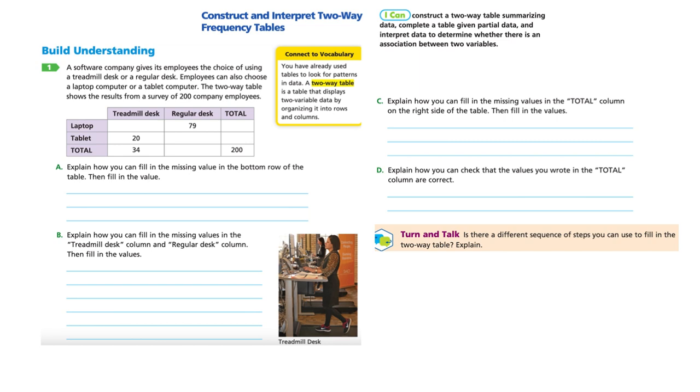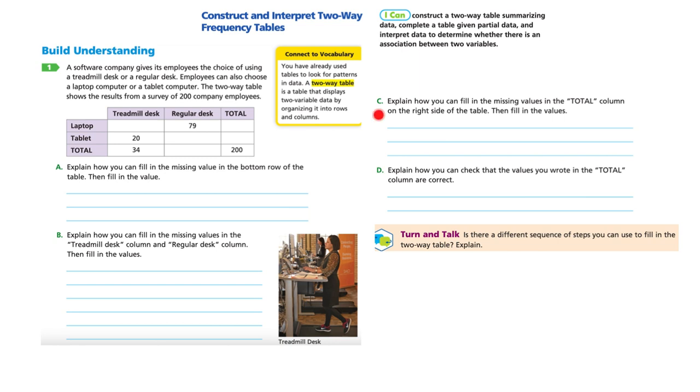So they want you to explain how you can fill in the missing value in this bottom row, then fill in this value. Explain how you can fill in the missing values in the treadmill desk column. How can you fill in that missing value? And this regular desk column. So you want to figure these out. And this one you should have already done in A. And then fill in those values.